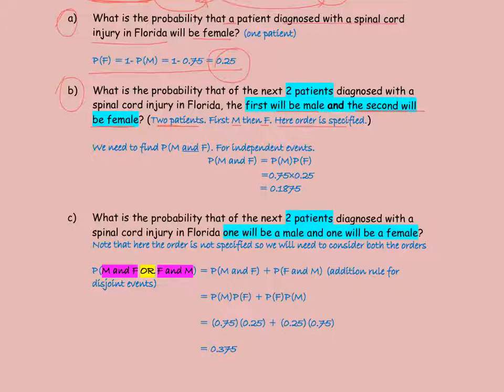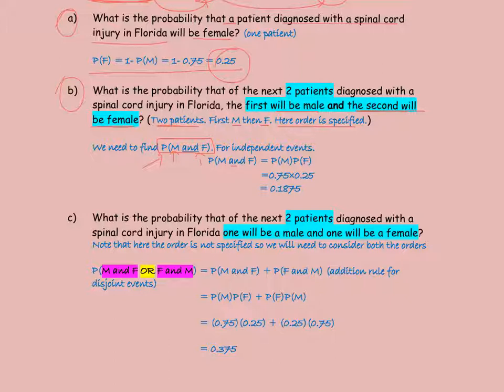Notice that the order here is very specific. So what we're trying to find out, always write it down in mathematical notation. So this is the probability we're trying to figure out. What is the probability that the first is male, notice the order, and the second is female?